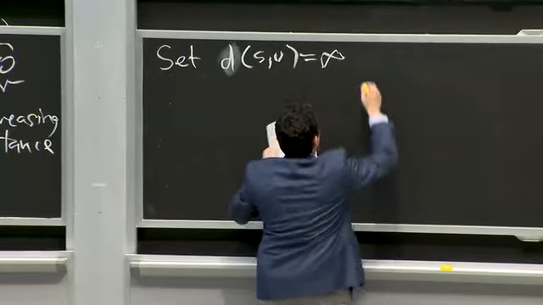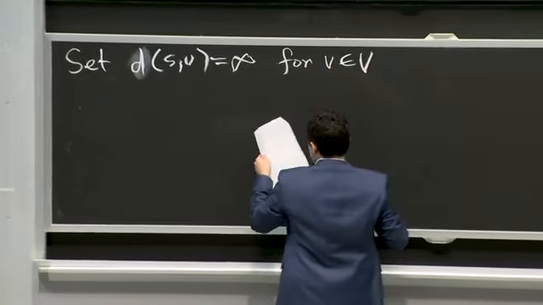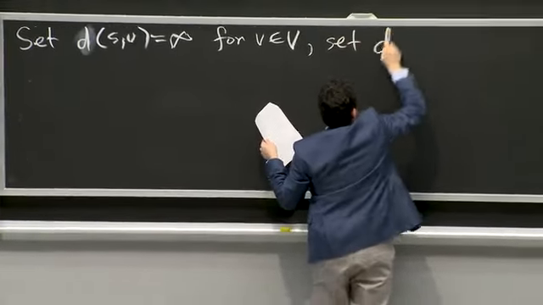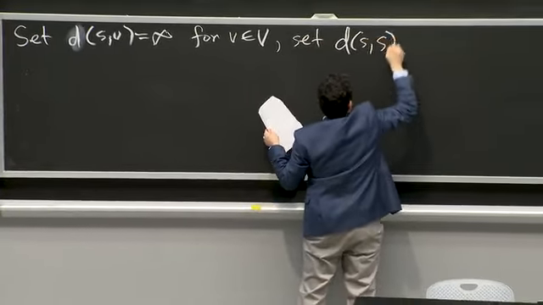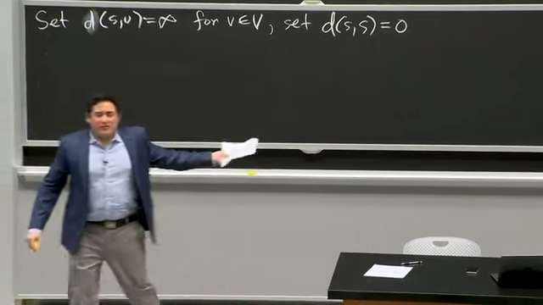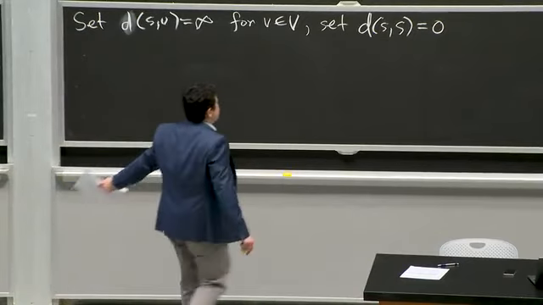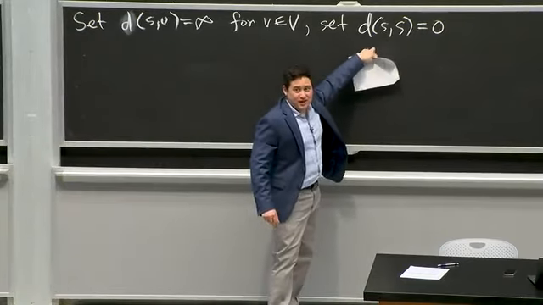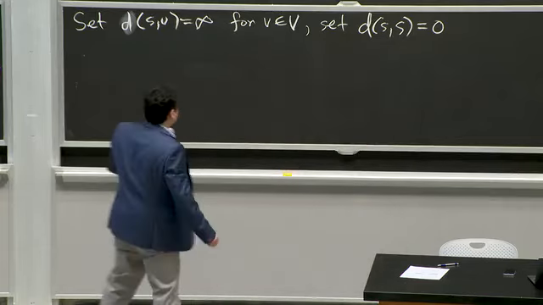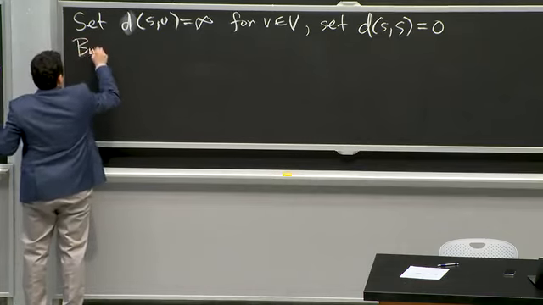That's what we're going to have to prove. So we first set all of them to infinity, and then set D of S,S equal to 0. And here, we're never going to update it again, because our shortest distances in a graph with non-negative edge weights certainly can't go below 0.